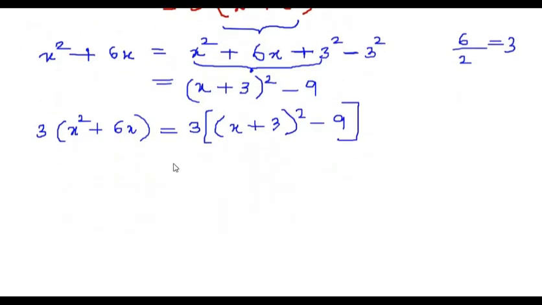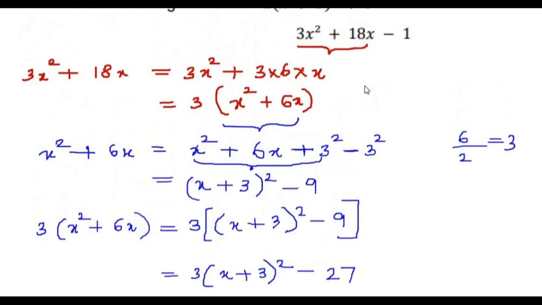So let us distribute the bracket. So 3 multiplies with the bracket, giving us 3 times x plus 3 the whole squared, and then 3 multiplies with negative 9, giving us negative 27. Now initially we had taken only the first two terms. Now we need to include the negative one.